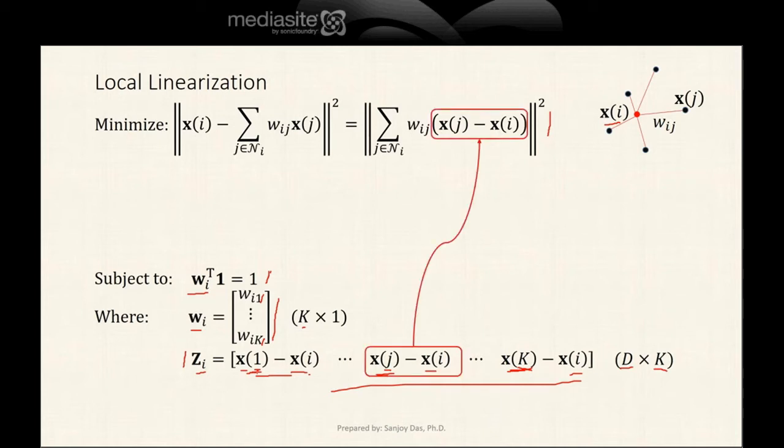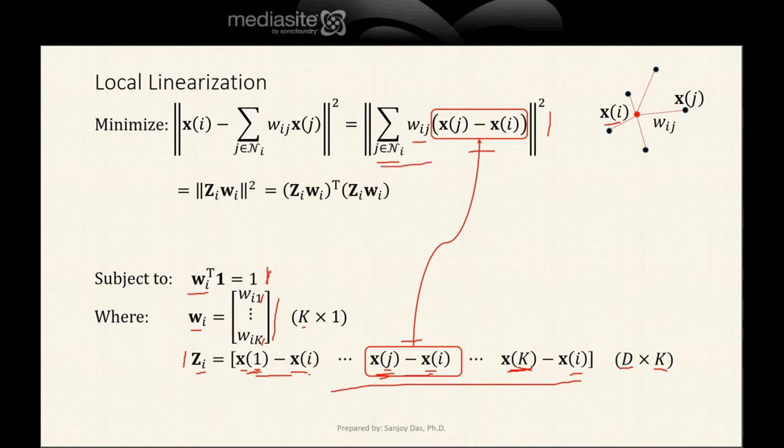And observing that each column of this matrix Zi is of this form, this can be replaced with Zi, and if we remove the summation, and likewise this Wij can be vectorized, giving rise to this expression here.